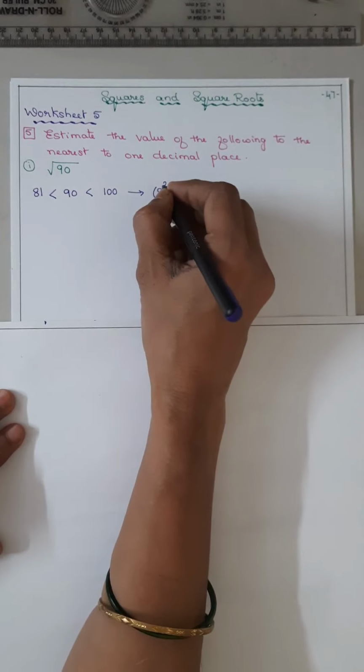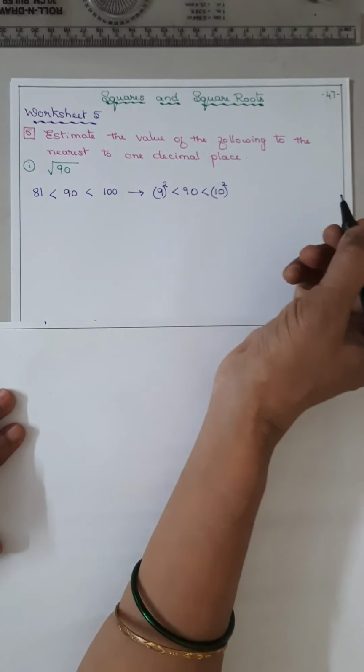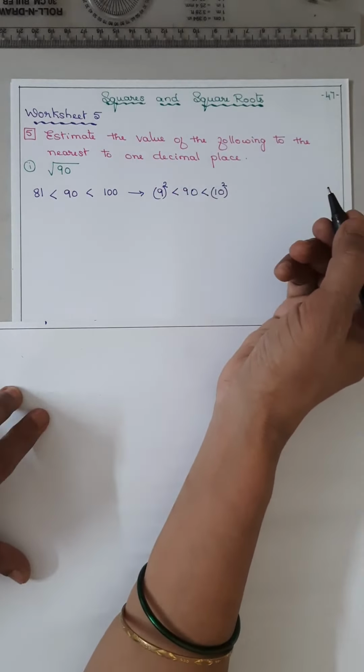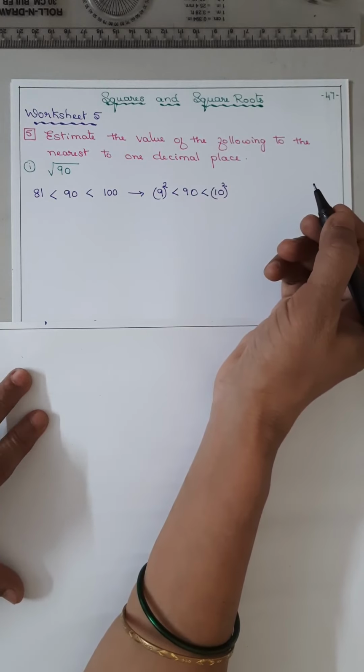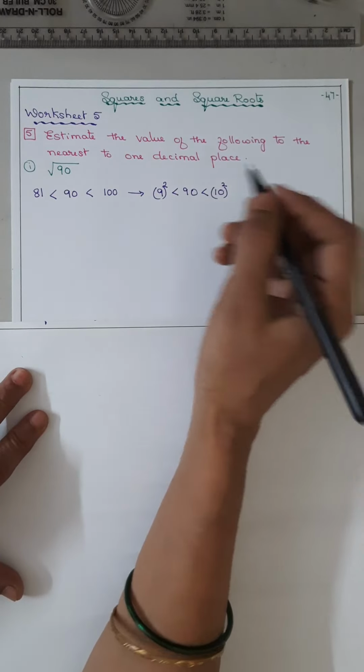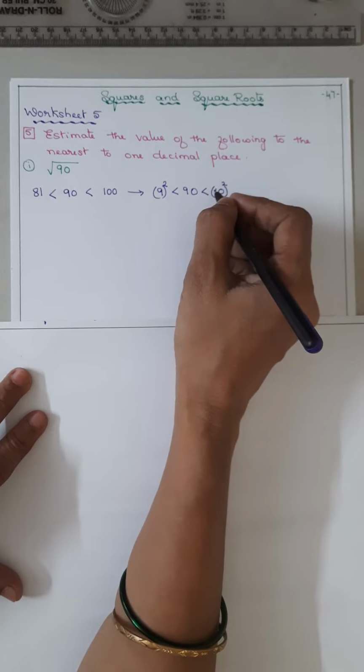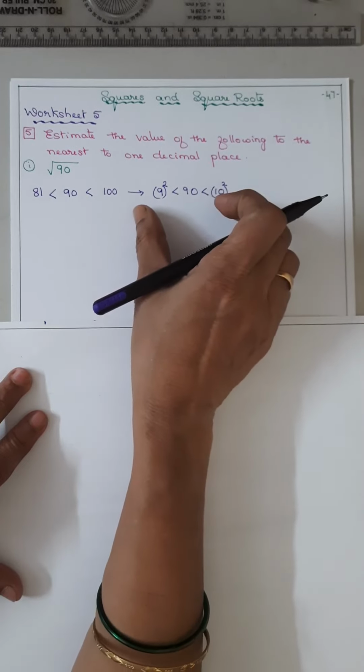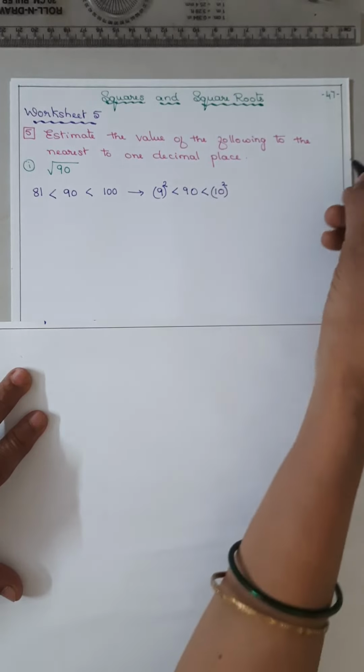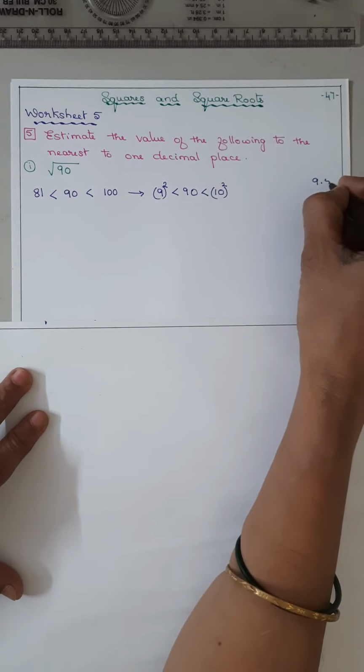Yes or no? So it comes between the square of 9 and 10. So first we will see the square of 9.5. Why? 9 and 10, exactly between, it will be 9.5.